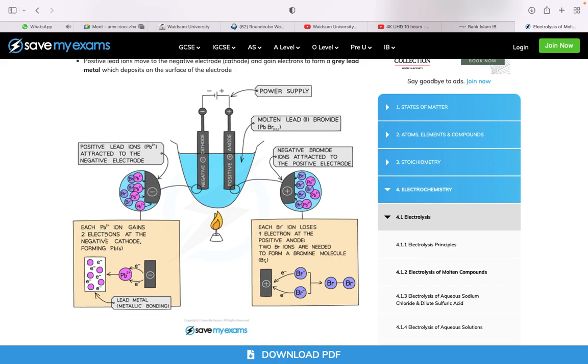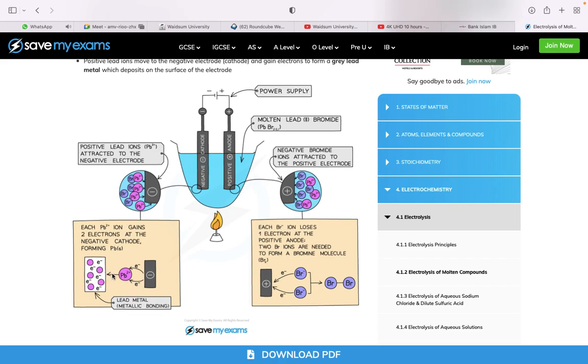At the cathode, lead ion gains 2 electrons from the negative electrode, forming lead solid.